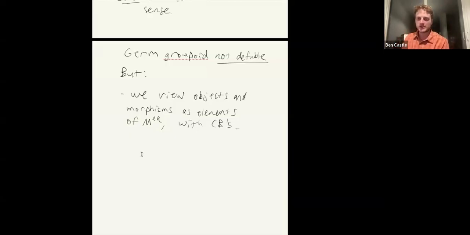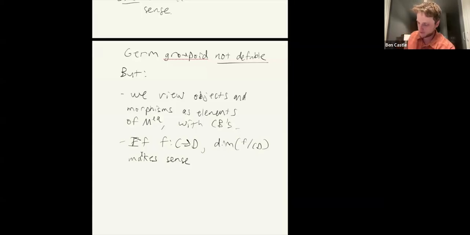So for instance, here's something I might do. Let's say that if F from C to D is a morphism, then the notation dim F over CD makes sense. What does that mean?